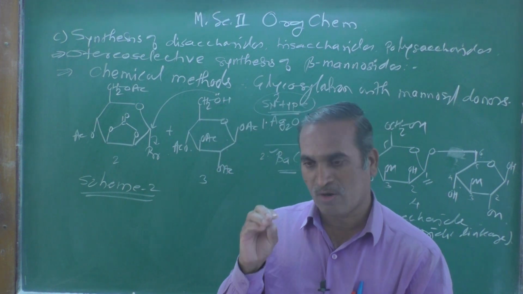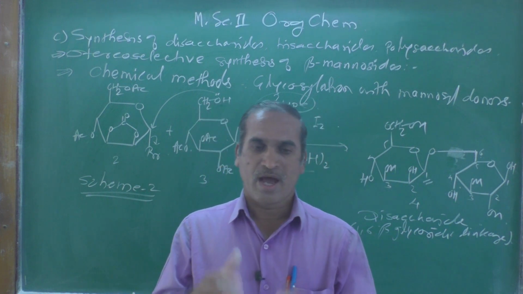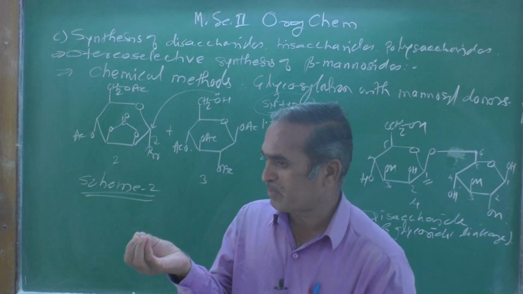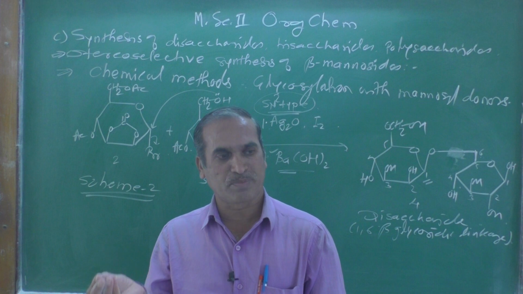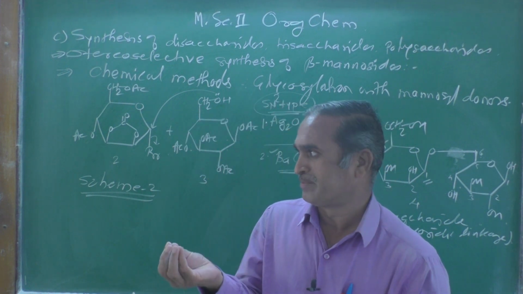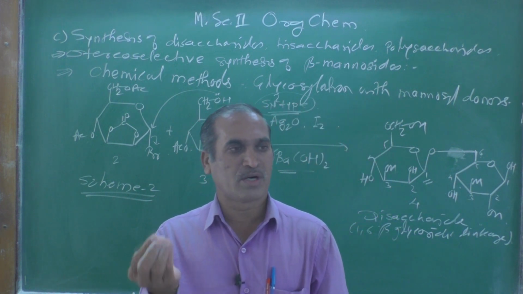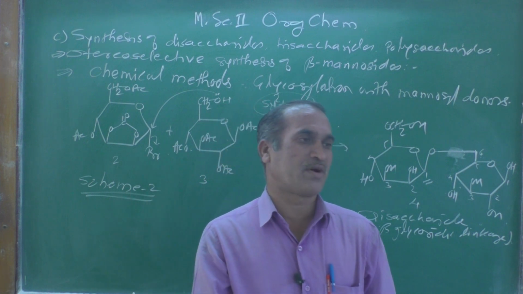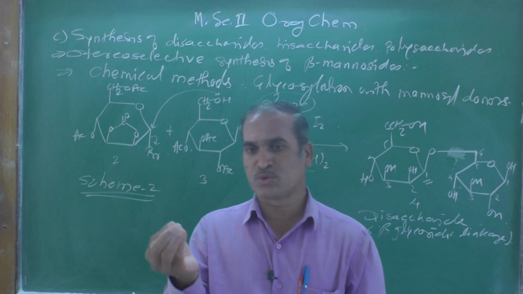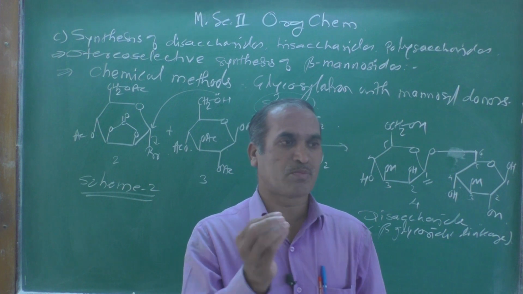Optically active means they can rotate the plane of polarization either left or right. It is one of the important physical properties in carbohydrate chemistry, and the instrument used to detect optical rotation is a polarimeter.